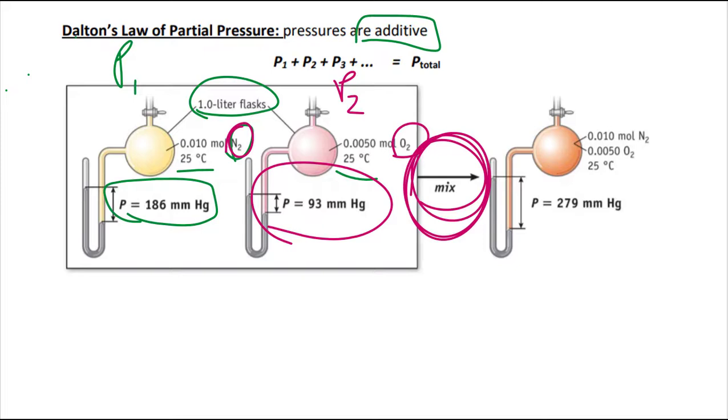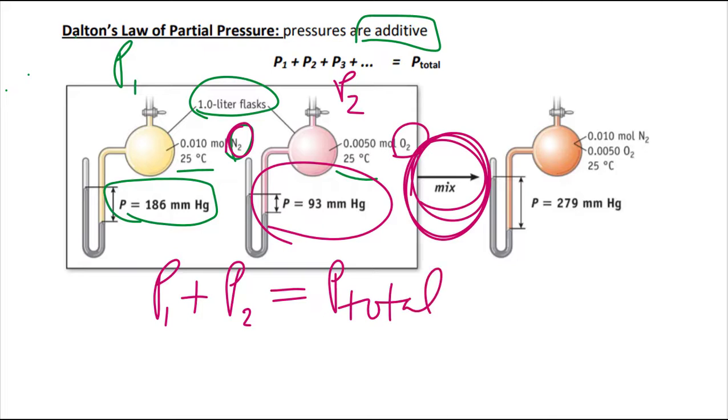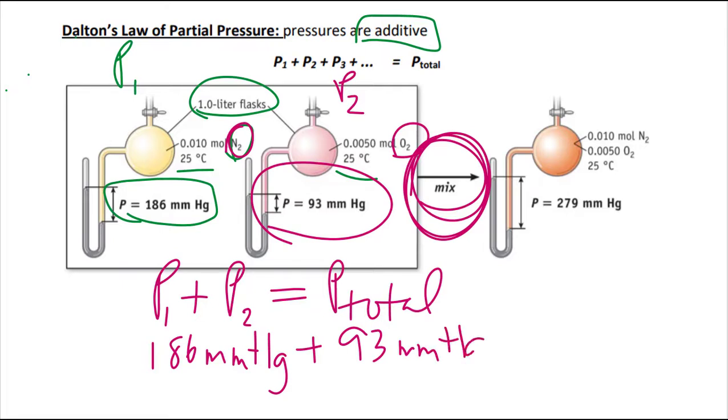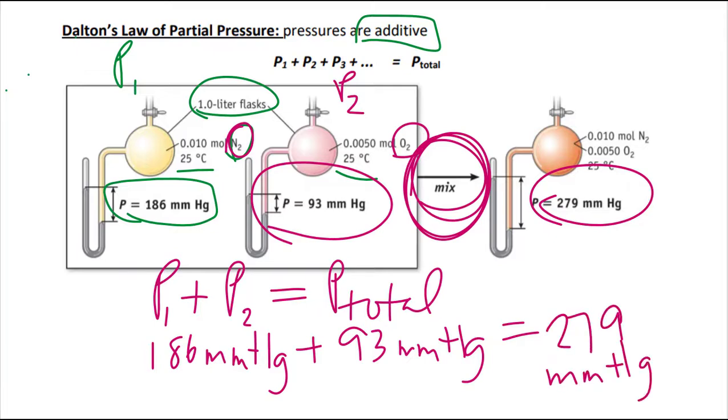So what Dalton's law of partial pressure tells us is that I can simply take my pressure 1 and add it to my pressure 2 to get my total pressure. So I'm going to take my 186 millimeters of mercury plus 93 millimeters of mercury and get 279 millimeters of mercury.